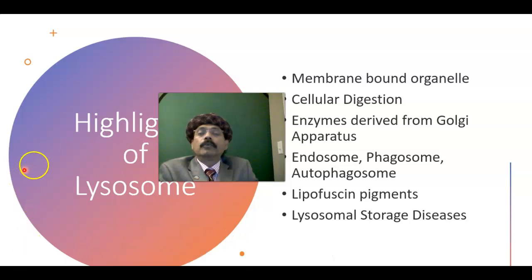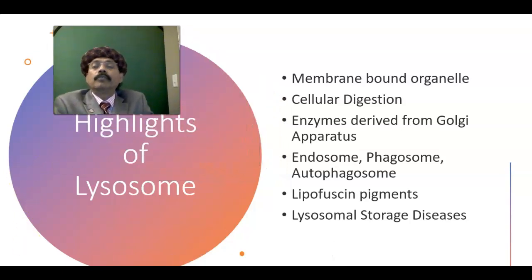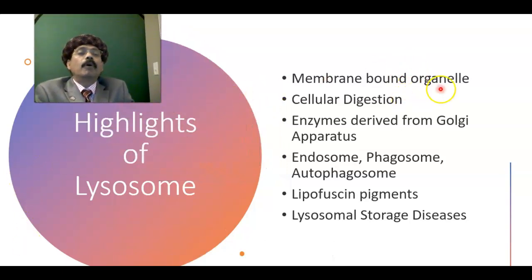So what is the highlight of today's discussion? Lysosome is a membrane-bound organelle. The membrane is very special so that the acid content of the lysosome may not go to the cytoplasm. The membrane prevents the enzymes from leaking out. Cellular digestion is very important.